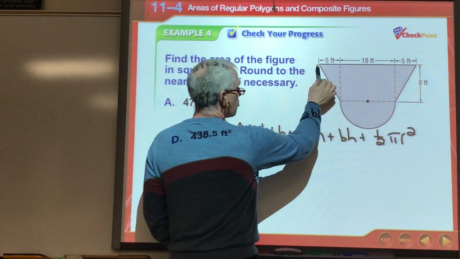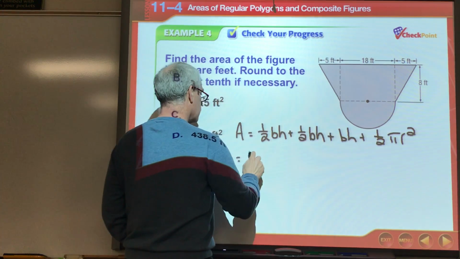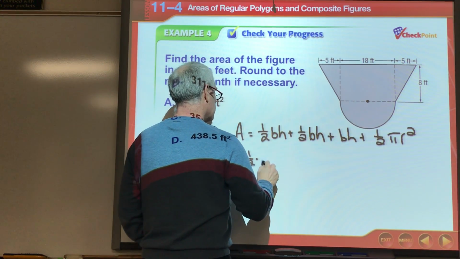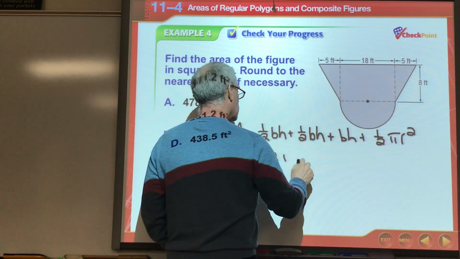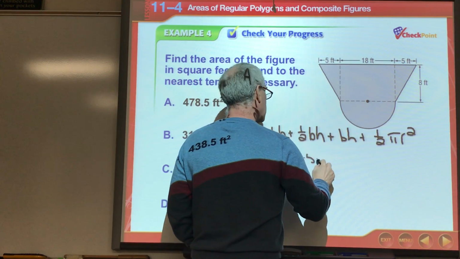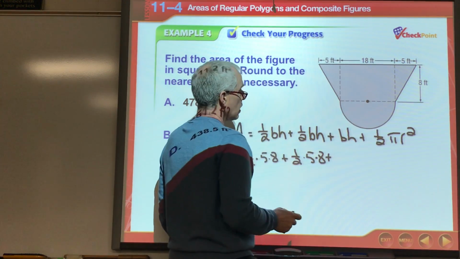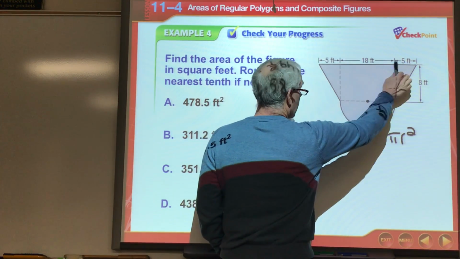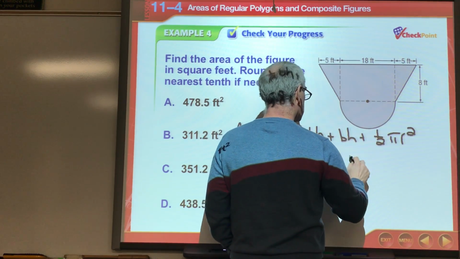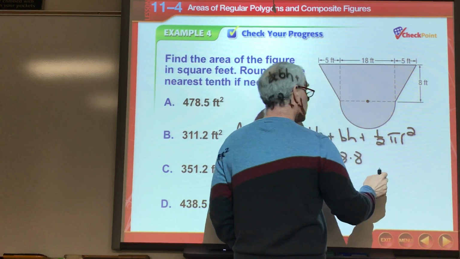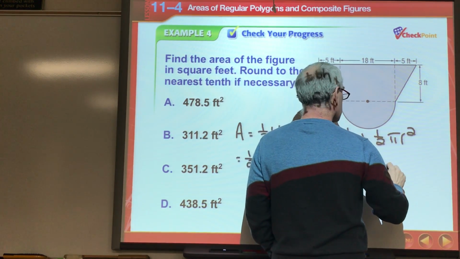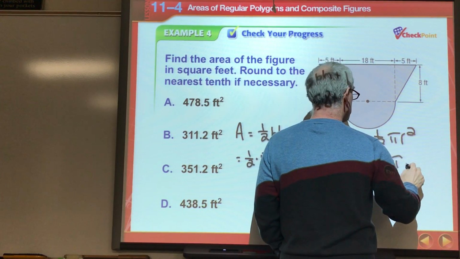For our triangles, our base is 5 and our height is 8. 1/2 times 5 times 8 plus 1/2 times 5 times 8. For my rectangle, I've got an 18 by 8. And for my half circle, I've got 1/2 times pi.